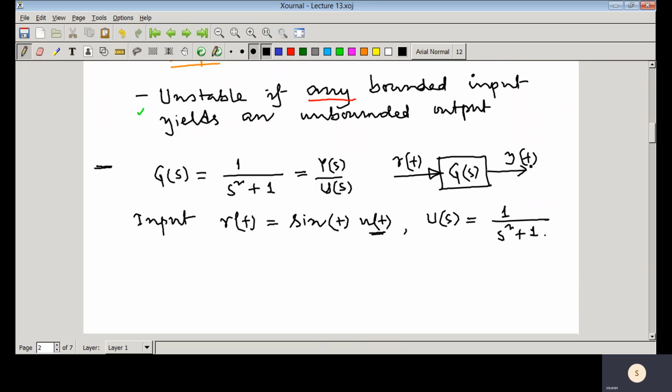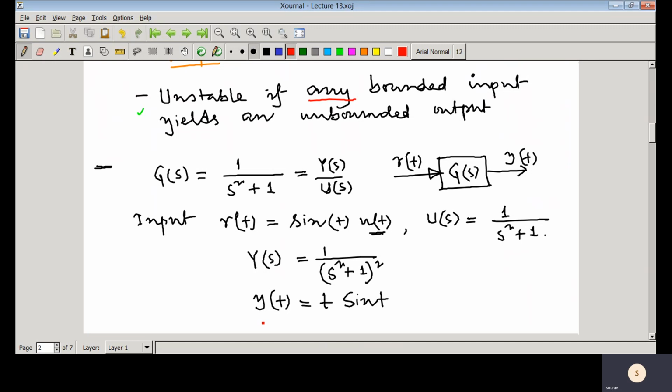It is very simple. If you take the Laplace transform and inverse Laplace transform, you would get Y(s) equal to 1 by s square plus 1 whole square. Then the y(t) that you would have is t into sin t.